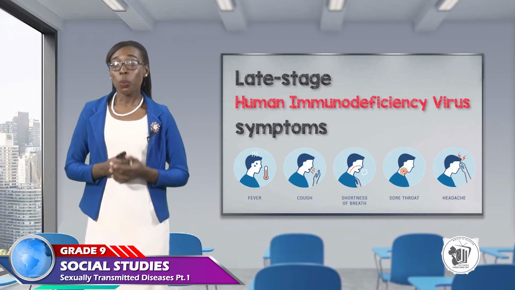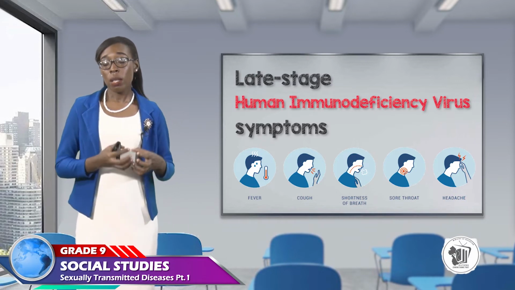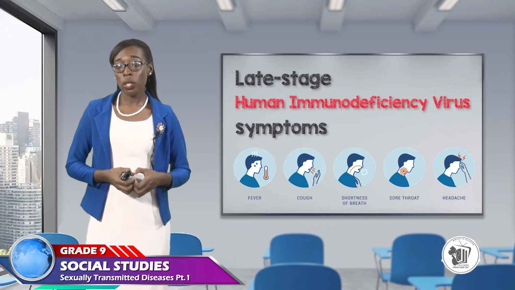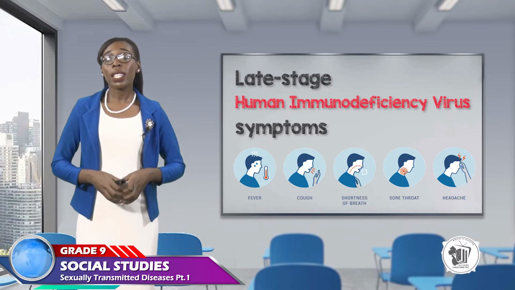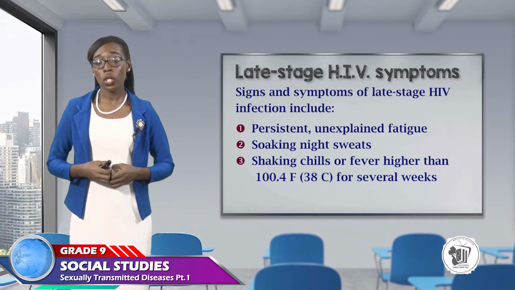Now, those that we just discussed were the early stage symptoms of the HIV infection. Now we will take a look at the late stage symptoms of the HIV infection.